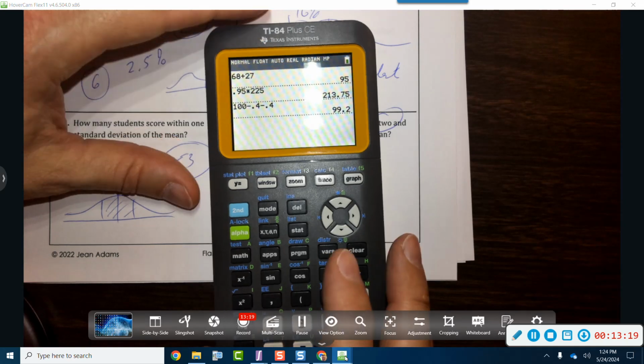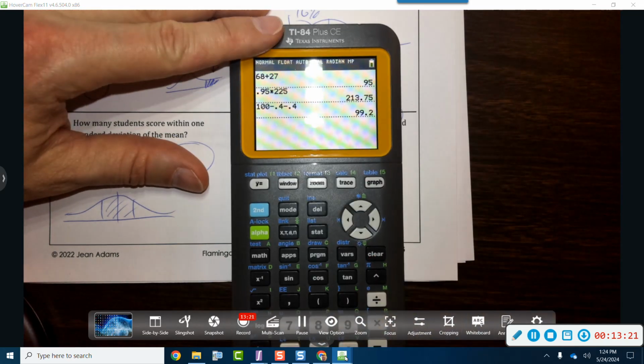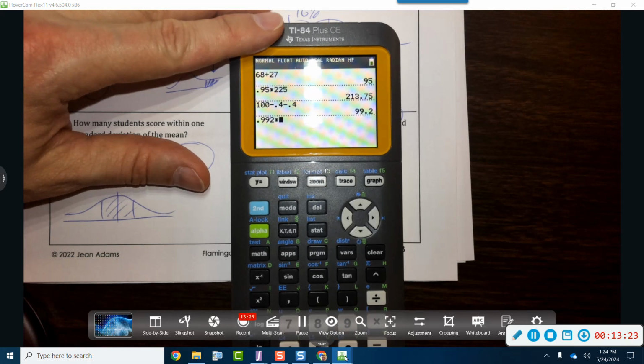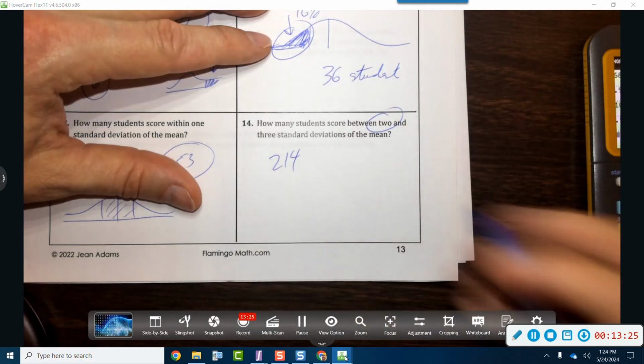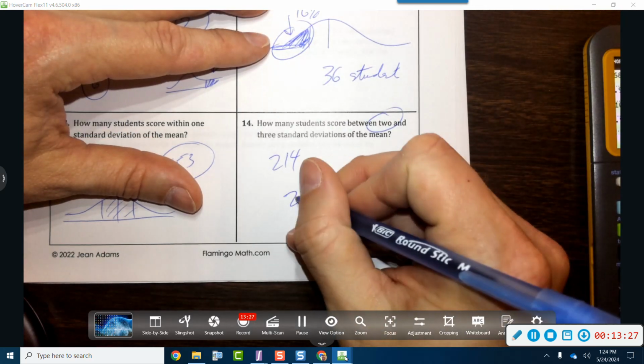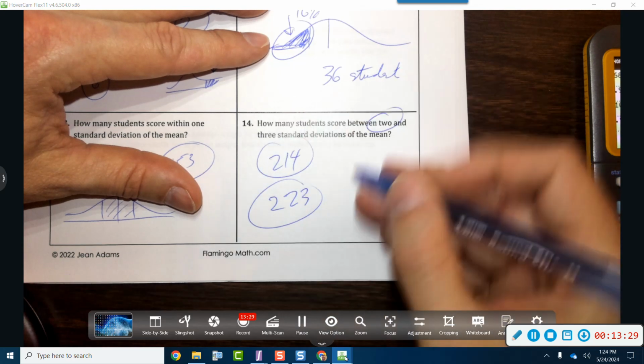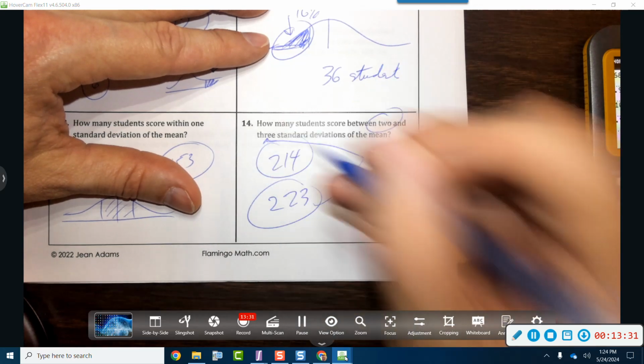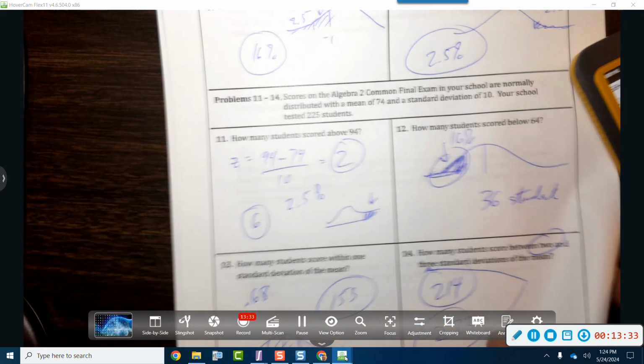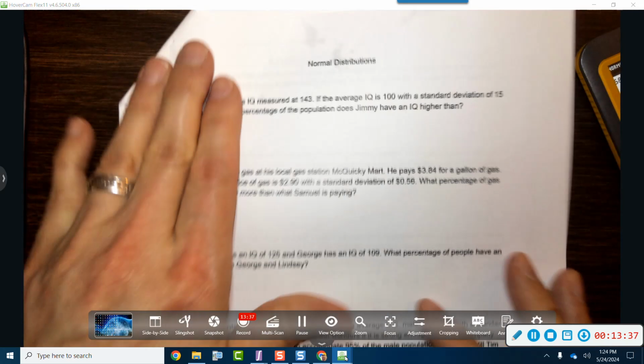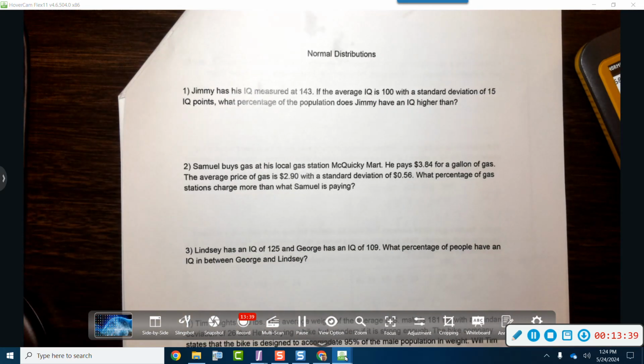So 99.2. So 0.992 times 225 is 223. Okay, 3 standard deviations. Now, are they going to get harder than that? Well, yeah, that's what these guys are for. All right. This will be another video.